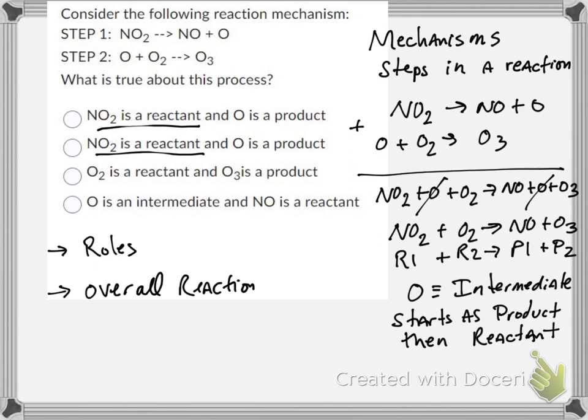So we would agree that NO2 is a reactant, but O is not a product. O2 is a reactant, and O3 is a product. We'd agree with that. O is an intermediate, yes, but NO is a reactant? Nope, it is a product. So when you see a reaction, make sure you know the roles of each of the substances, and you know the overall reaction.